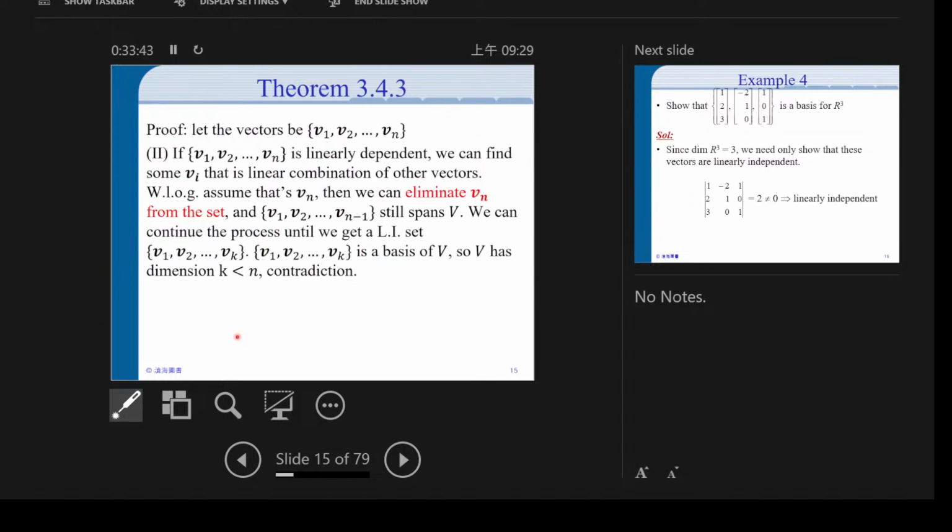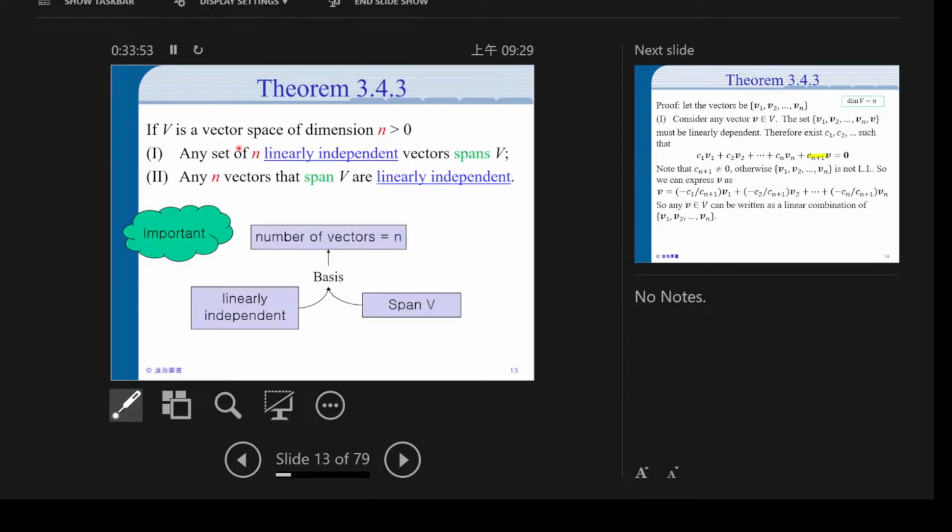So here we do proof by contradiction, so we go the other way around. We fix a set of n vectors, and we want to go from span V to linearly independent.